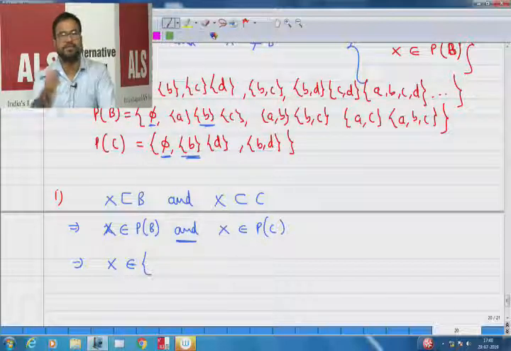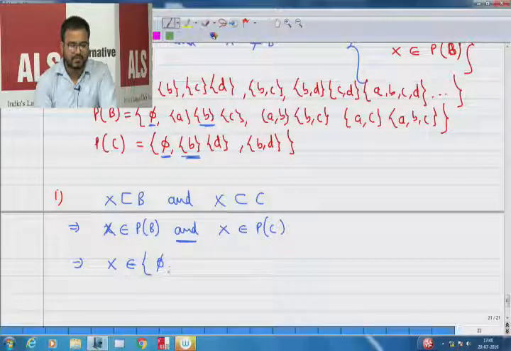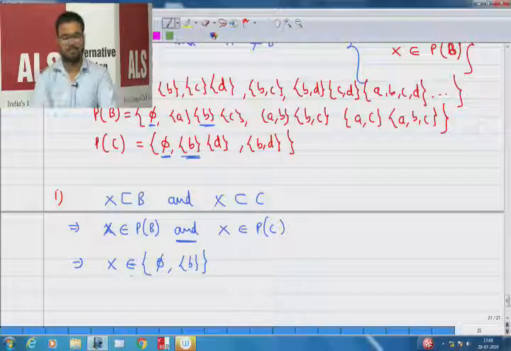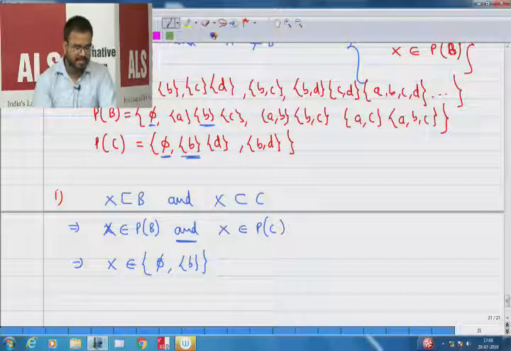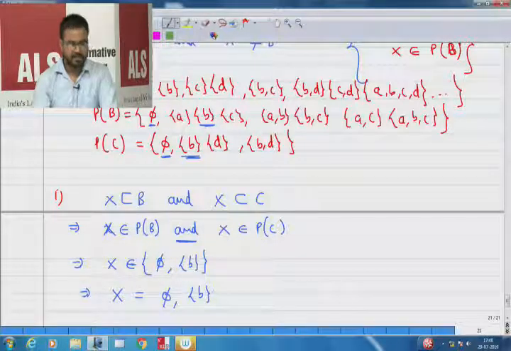Only phi and B are there. So X is an element of phi and B. If X is an element of this, it means X will be either phi or B. This is the answer.